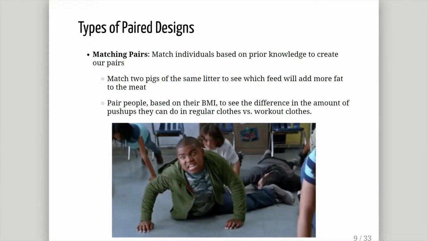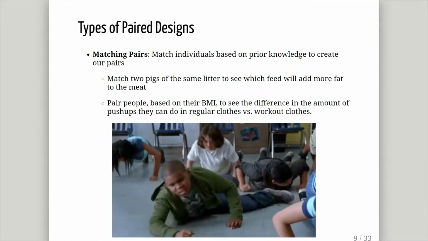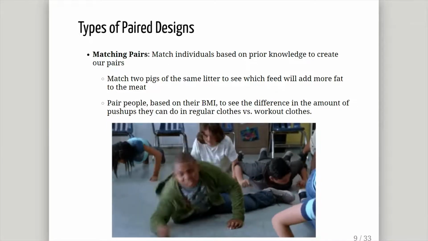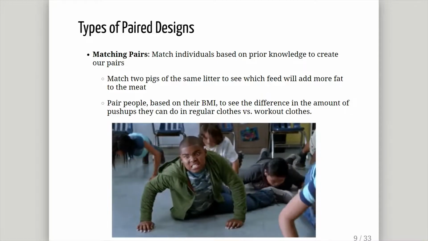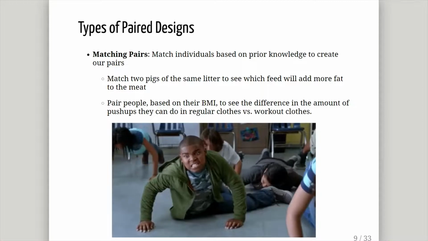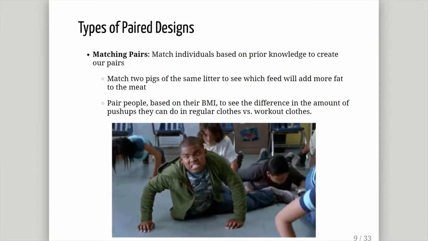We know that they're family, so they must be very related to each other. So we're just going to make them a pair. And we can see which feed will add more fat to the meat. So we would put one of the paired pigs to have feed 1, and then its closely related partner to have feed 2.